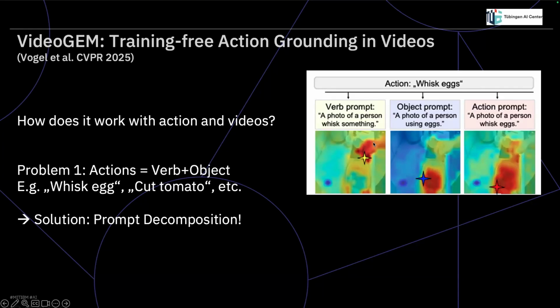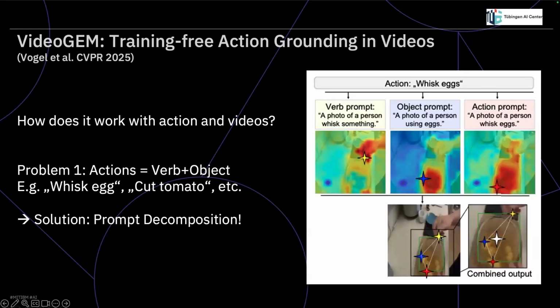For each of those three prompts, you get different heat maps, and the maximum score will always be in a slightly different position. Therefore, to combine them, we decided we need a weighted average over all those prompts. And it turns out that this weighted average usually corresponds very well to what human annotators would give you if you asked them to label this action.